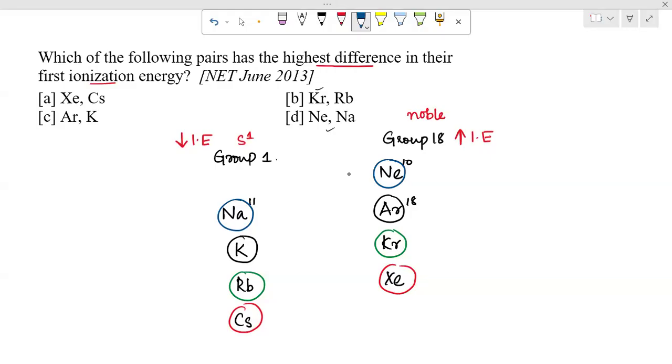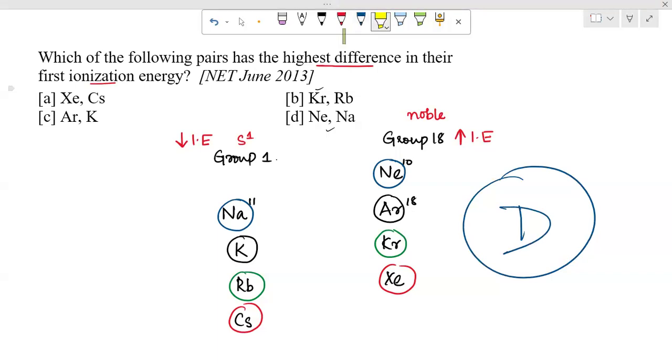And then gradually the differences will decrease. So of course, at the top, we have neon and sodium. So it's going to be option D. Option D, question asked in June 2013.